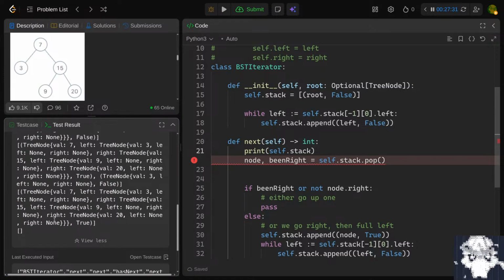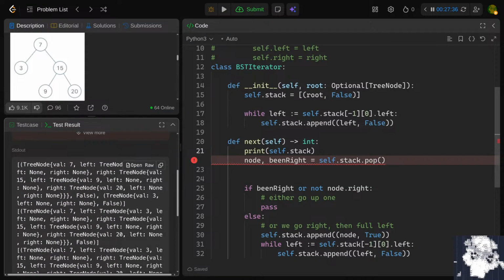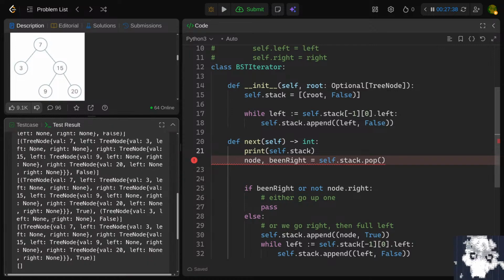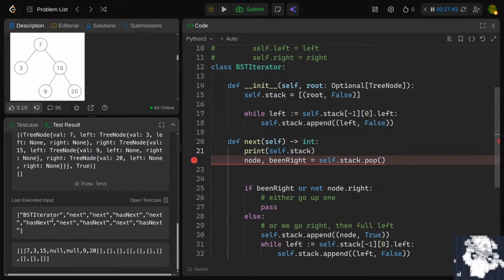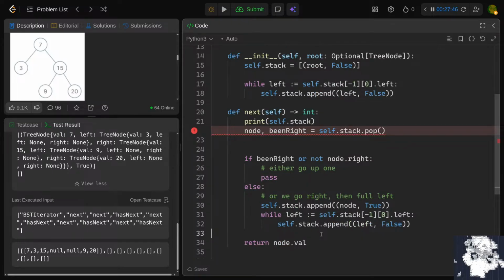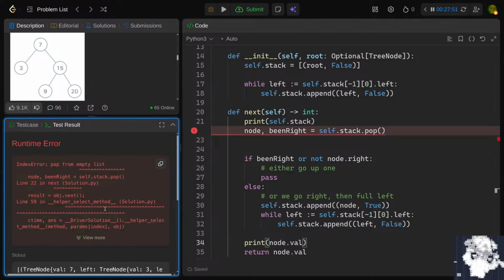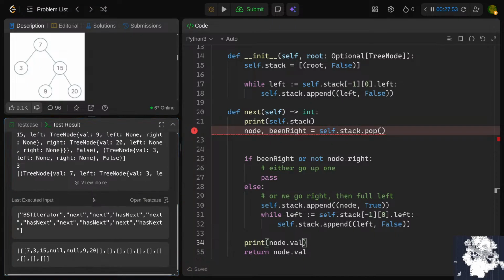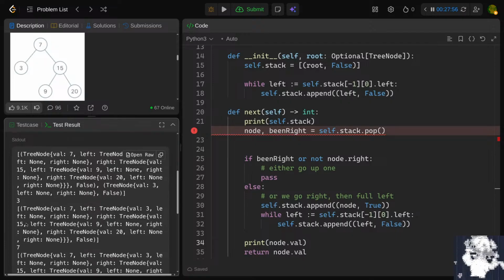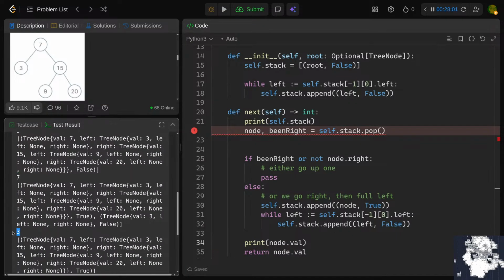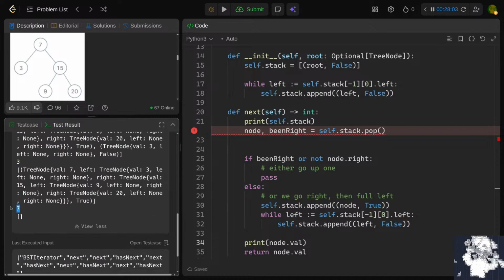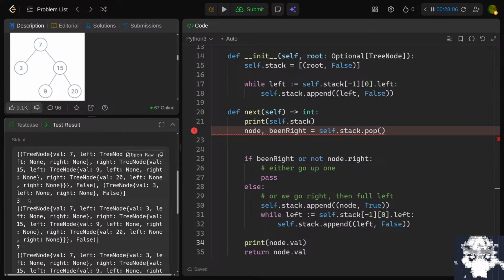Okay, so we get pretty far. Can we also print node.val as we go so I can see what we've output so far? So we start with 3 and then 7 and then 3 again and then 7 again. So how did we get back to 3?